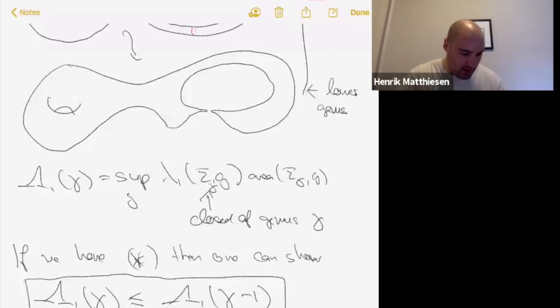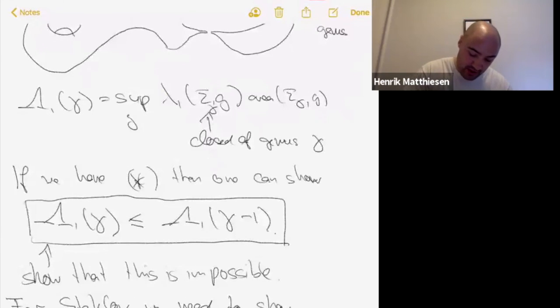This is the sup on the surface of genus gamma with k boundary components. Again, these inequalities correspond to the way that the conformal type can degenerate.